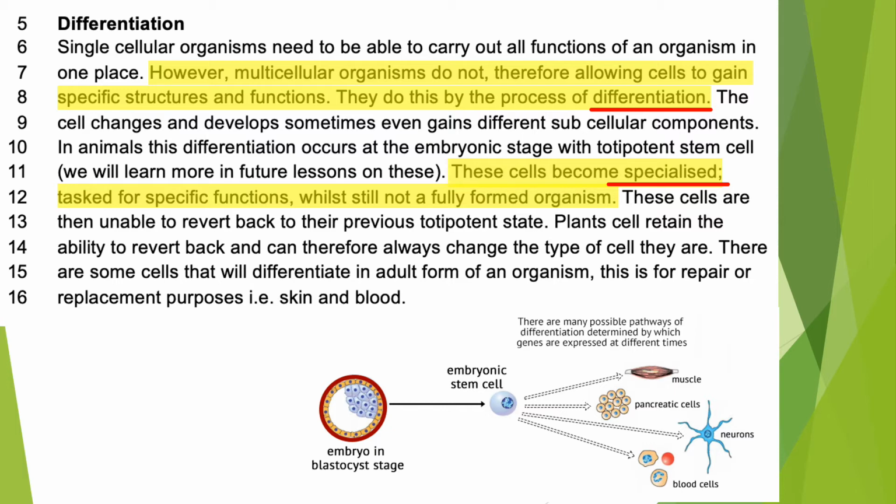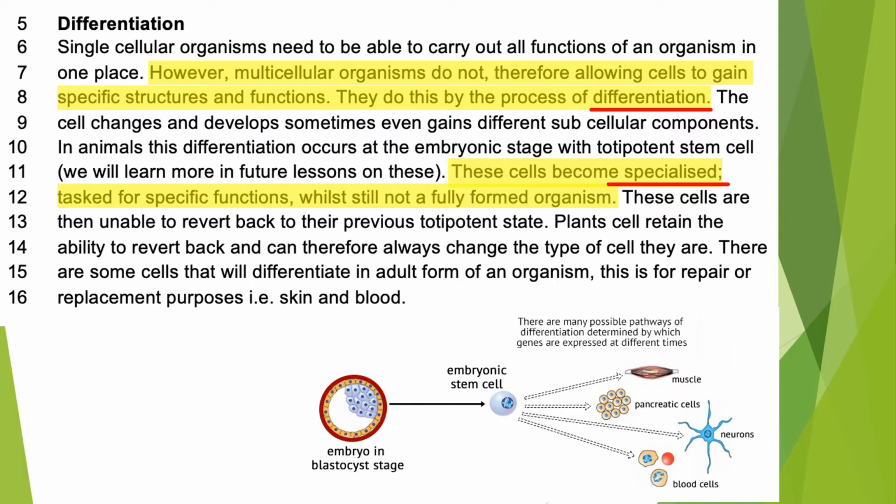Once those cells become a nerve cell or a blood cell or a muscle cell, they can't go back into becoming a stem cell. And that's kind of where totipotent comes from. Totipotent just basically means that they have the ability to become anything. So that's kind of where stem cells in humans come into play. And again, we're going to learn much more about that.